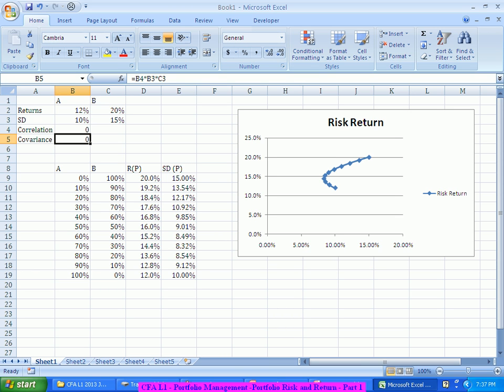If he is ready to take 10% risk, probably a 100-0 combination is giving him 12% return, whereas a 40-60 combination, almost 10% risk, is giving him 16.8% return. So he'll always prefer the one giving 16.8% return.